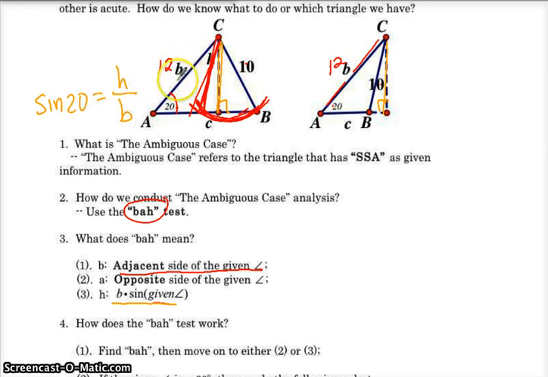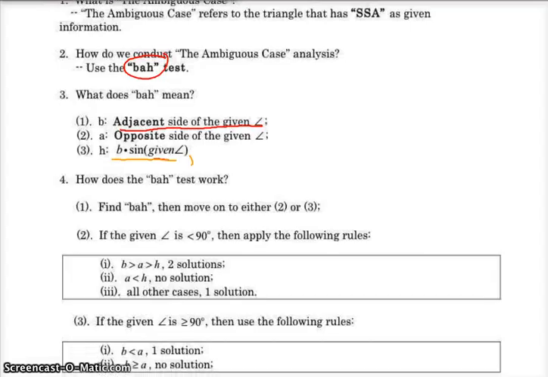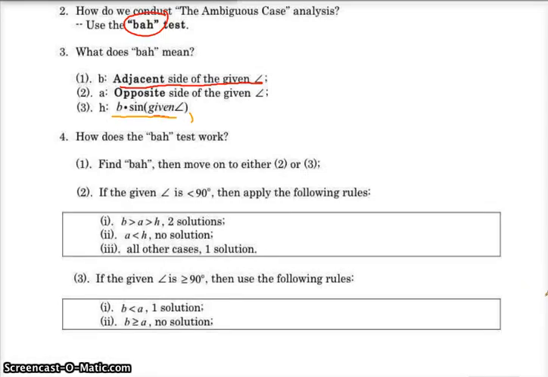Well, the hypotenuse is B. This is my height, H. So how do I find height? I would just multiply B times sine of the given angle, and that equals my height. So that's how I'm getting that information there. So then, once you calculate your BA, or once you see the BA test, you find BA, and then you move to either number 2 or number 3 based on the given scenario.